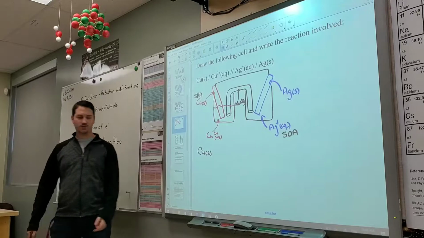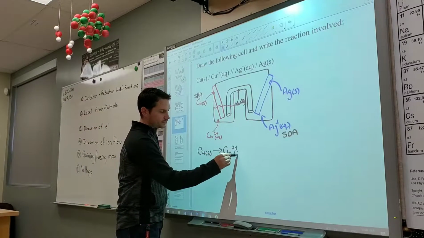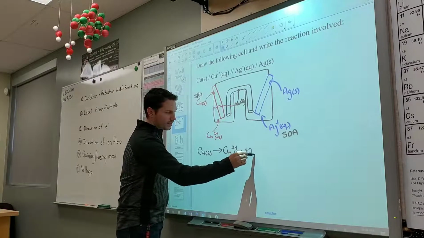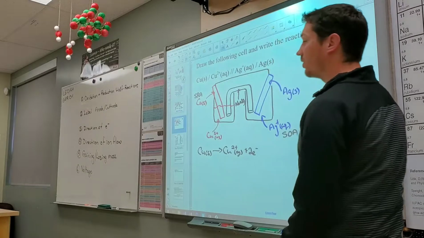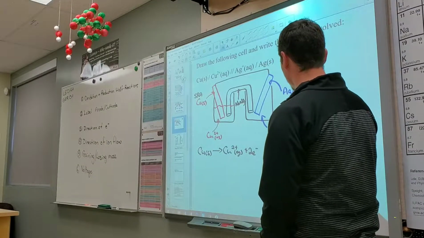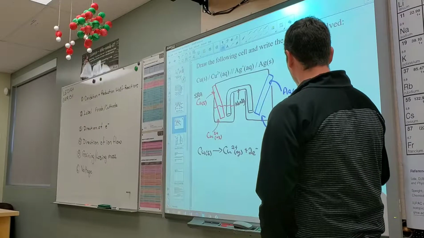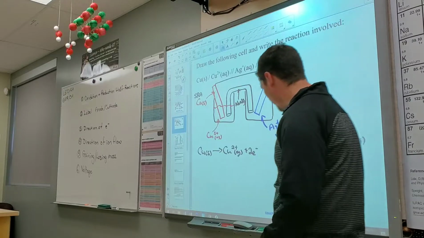Copper ions, and it would give away 2 electrons when it did that. And then the silver ions on the other side are going to gain an electron and turn into silver metal. Perfect.